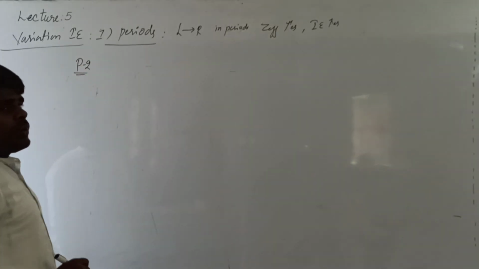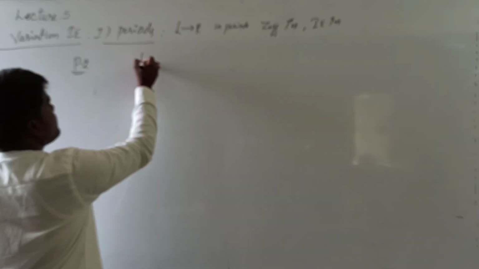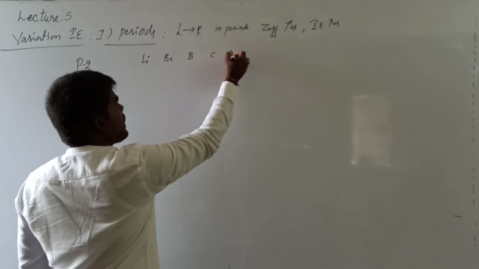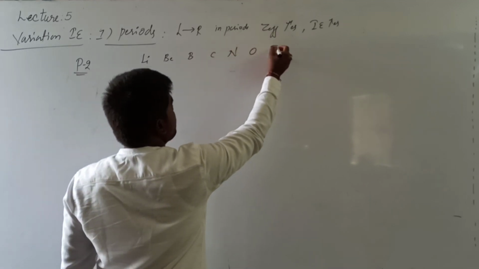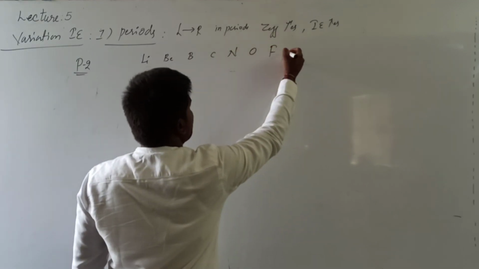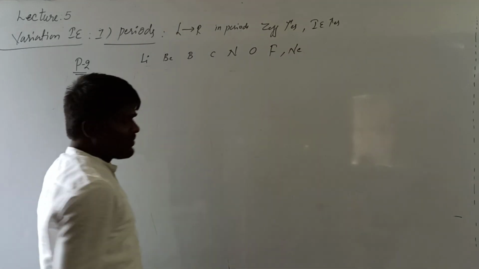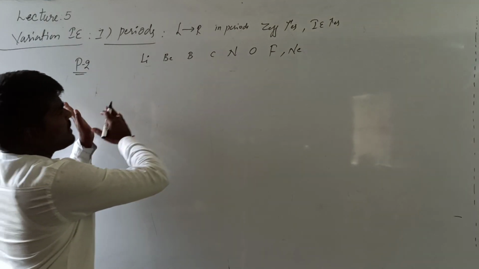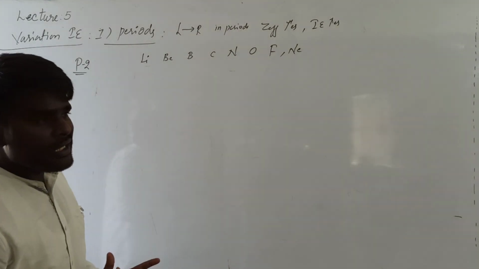Suppose you are talking about the second period. What are the elements of the second period? Lithium, beryllium, boron, carbon, nitrogen, oxygen, fluorine, and neon. Here, generally what is expected is that left to right, it continuously increases.